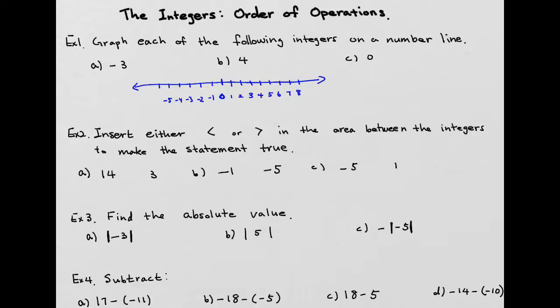So if I wanted to mark -3 on the number line, I will have here, right there. This is going to be A, -3. B, where is 4? Right here. That's the 4. 0 will be right there.